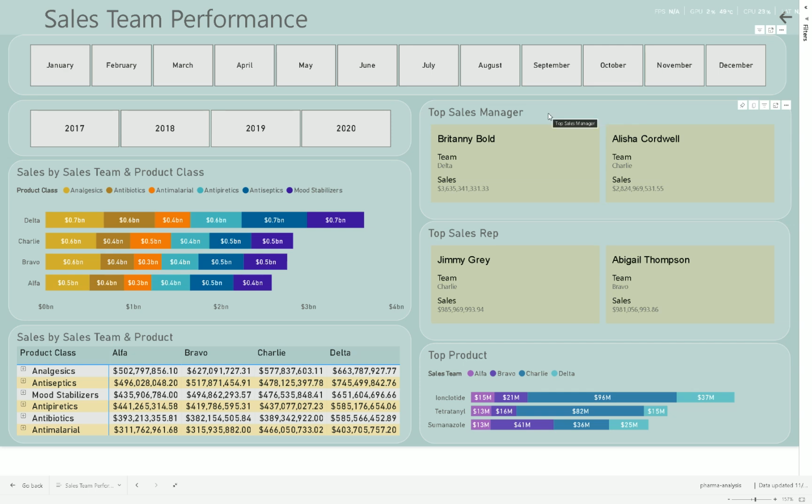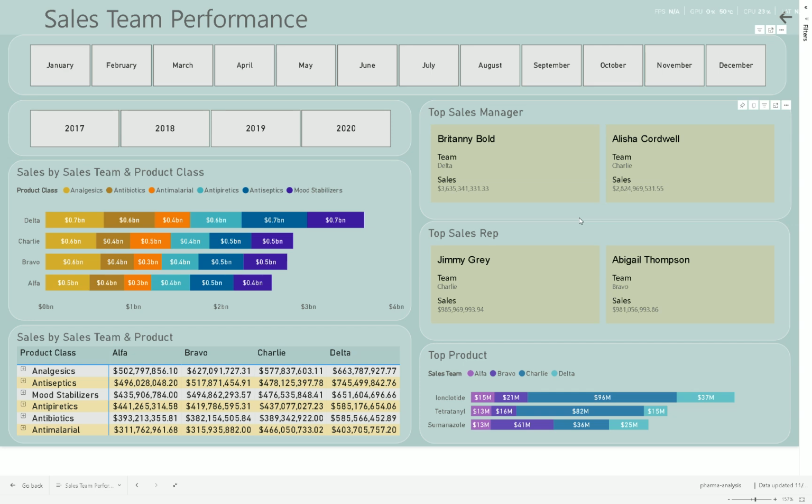The insights produced were that Brittany Bold from Delta emerges as a top manager, followed by Alicia Cordwell. Similarly, if we look at the top sales reps, Jimmy Gregg and Abigail Thompson were leading among sales reps. It highlights that strong leadership drives high team performance.